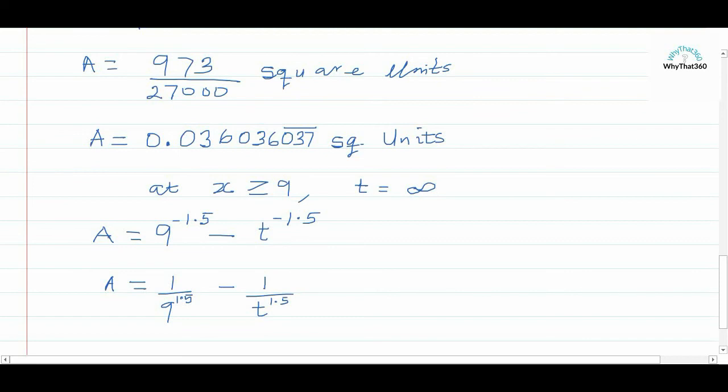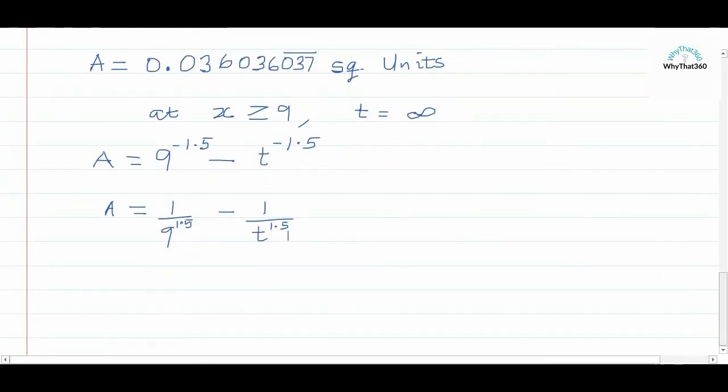And we know that since t is at the denominator side, as t keeps increasing, as t gets closer to infinity, the reciprocal of t becomes 0. So we will say 1 divided by t to the power 1.5 tends to 0.